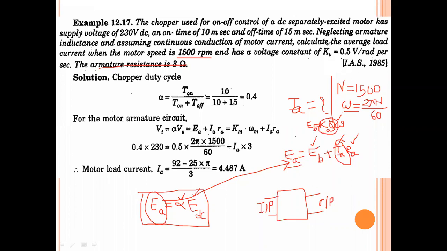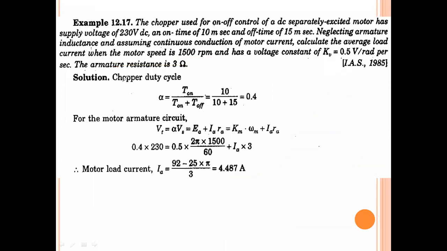Now let's see the solution, how they have done it. Initially, the duty cycle D or alpha has been calculated. We know the formula: D or alpha is equal to T on by total T. Total T is nothing but the on time period plus the off time period.